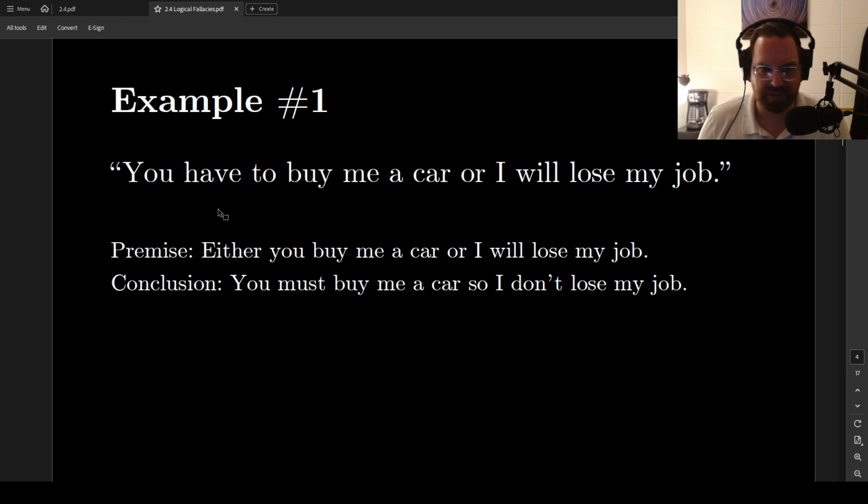Okay, here's an example. You have to buy me a car or I will lose my job. So what we're going to do is try to identify the logical fallacy. If you have that document that I just went through that had all of those logical fallacies listed, my suggestion is to print one of those out and have it handy, or if you've got dual screen monitors, have it on a screen while you're looking at these problems or this video.